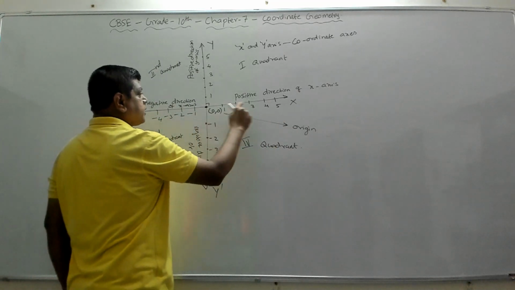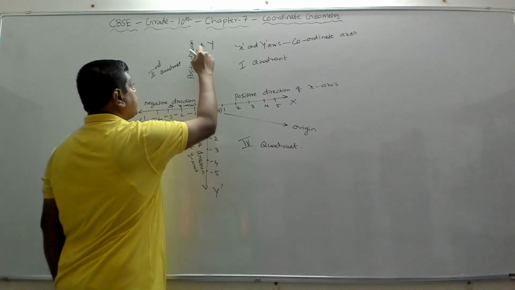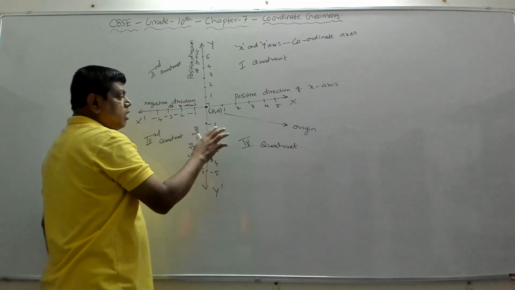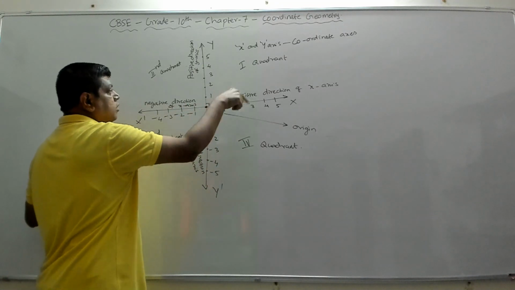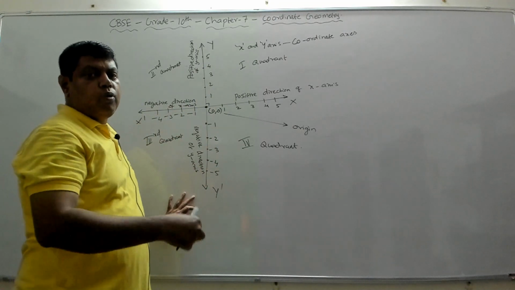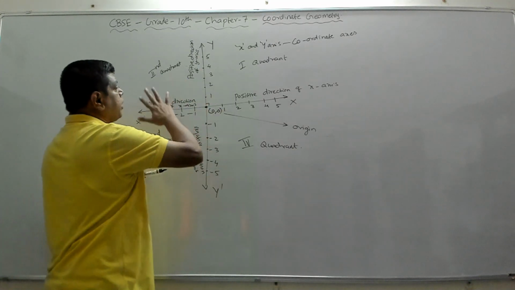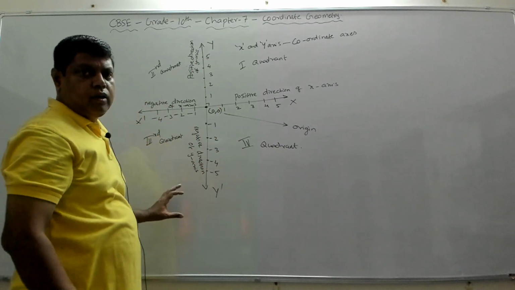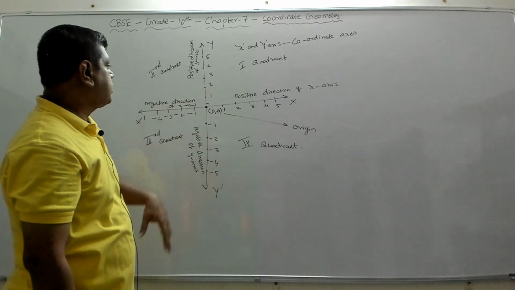And these lines, the x-axis, the positive and negative directions of x-axis and y-axis, are not part of any quadrant. They do not belong to any quadrant. So basically your entire plane is made up of 4 quadrants and these 2 lines, the x-axis and y-axis.